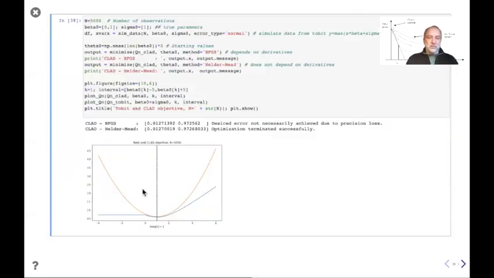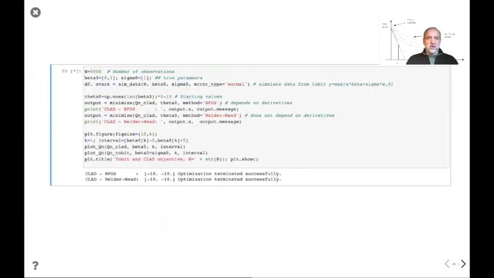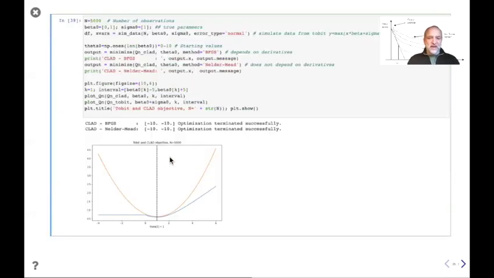So that helps, right? The problem looks better. But look at what happens here. We still have this flat segment, and so if you were to start it out here, then you would probably get in trouble. So we could try to change the starting values here, but say, why don't we subtract 10 from all of them, and then it's going to start in this flat area, and it's not going to get anywhere.